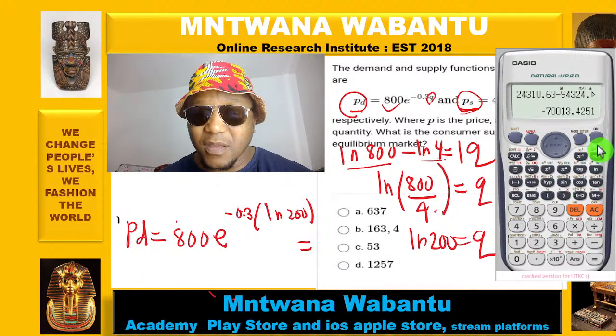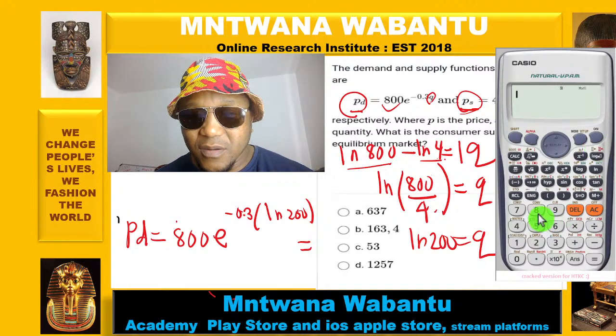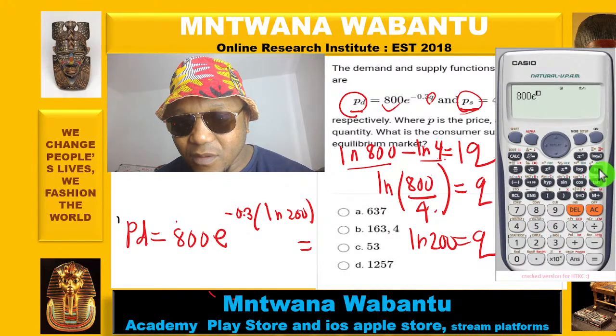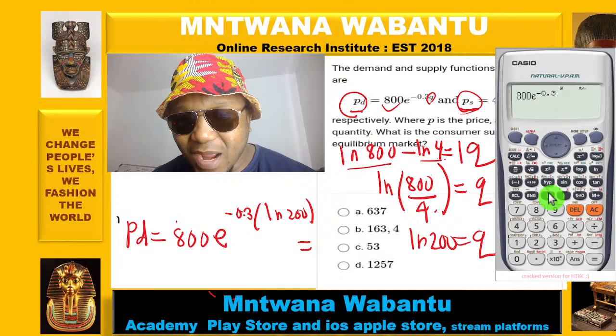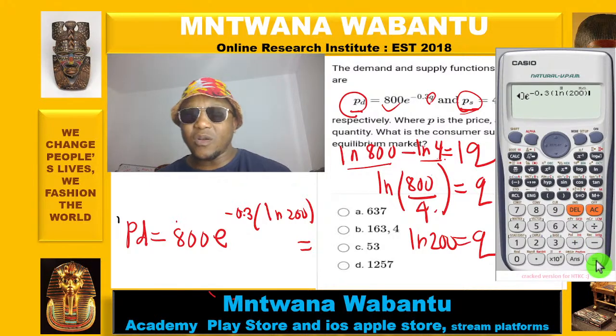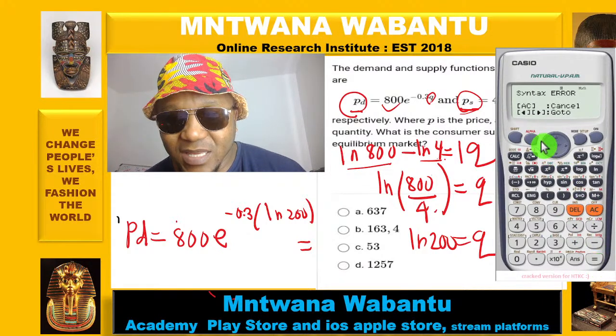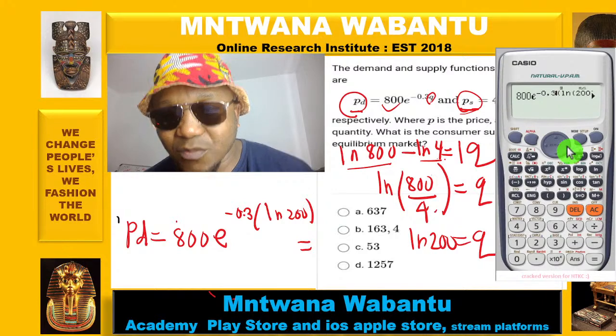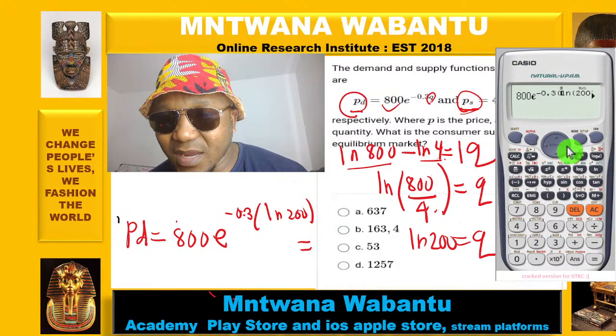I'm going to come here and type 800, and then shift E, and then negative 0.3, bracket, ln 200. Close. And then equal. And then we got, oh, I think I forgot. I think I put one more bracket there. I apologize. Let's go back and see which mistake I made. I think I forgot to close the bracket, because there are many brackets.